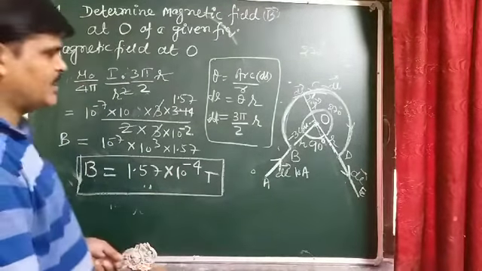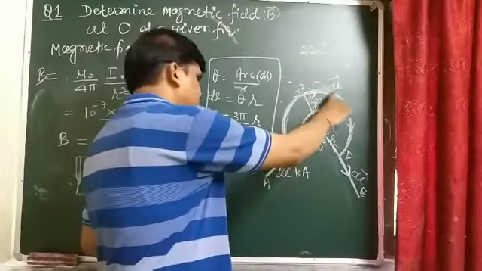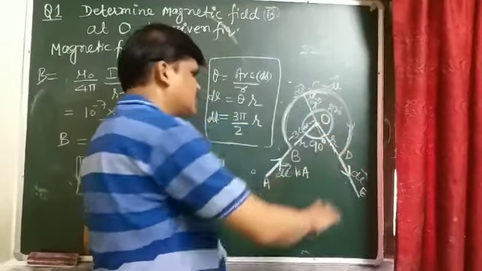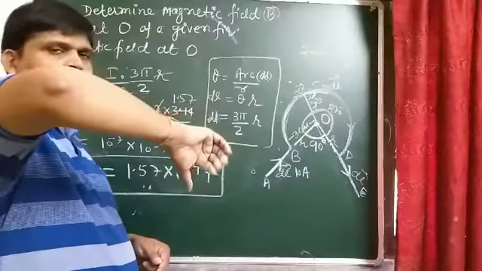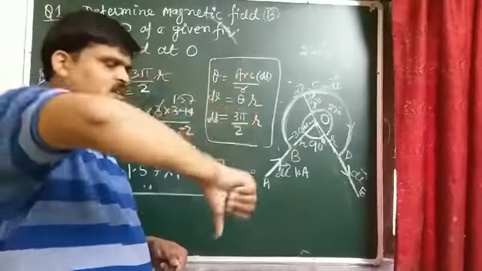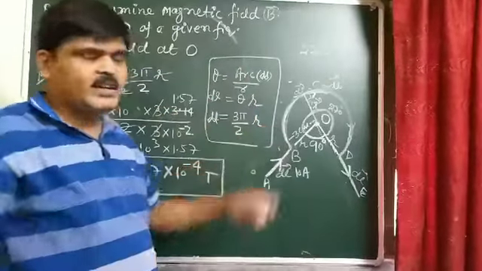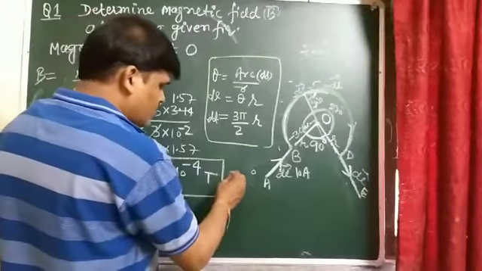and the SI unit of magnetic field is Tesla. And for the direction of the net magnetic field, the current flowing in this circular current carrying coil is in the clockwise direction. So use the right hand thumb rule. The curling fingers show the direction of the current, then the thumb will show the magnetic field, which is acting inward.